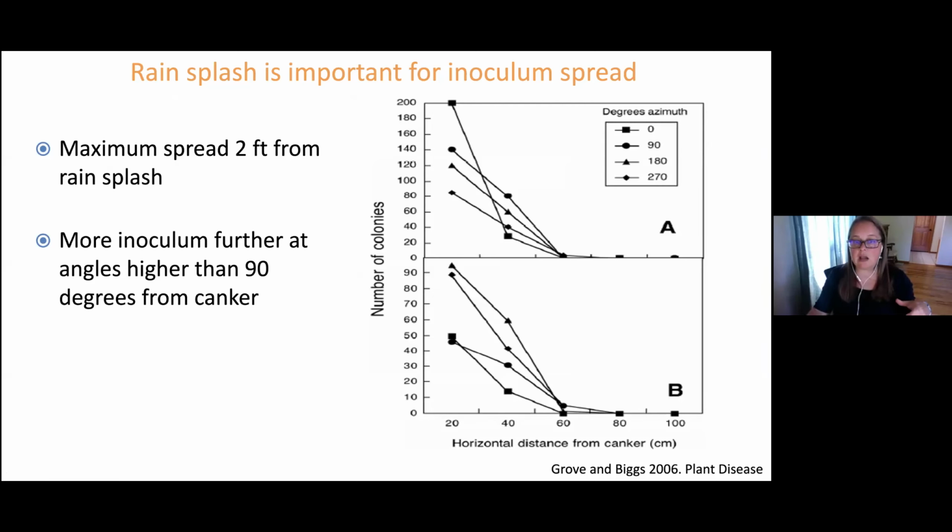And then they looked at how many spores dropped onto that plate and measured them. What they found was that it was about 2 feet, and you had more spores at higher angles than 90 degrees. So there's not a lot of spread from rain splash of a canker, which is kind of amazing.